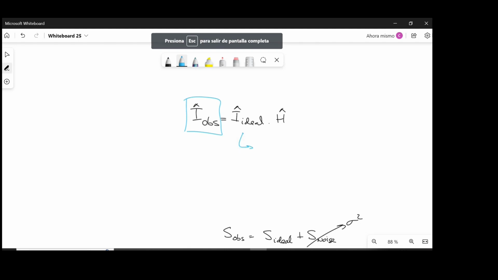All you have to do is this: the Fourier transform of the ideal is the Fourier transform of the observation divided by the Fourier transform of the kernel. You have to be careful if the kernel has zeros in Fourier space, because then you are dividing by zero.